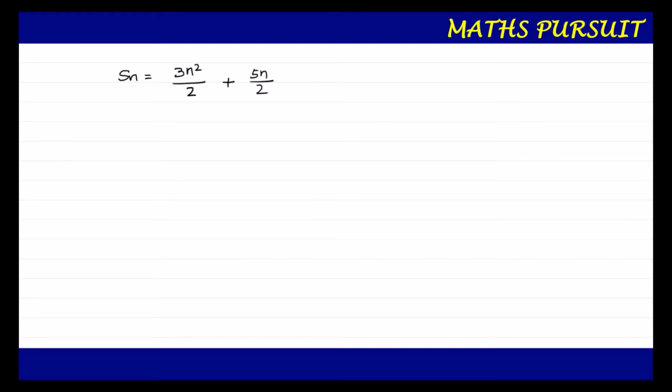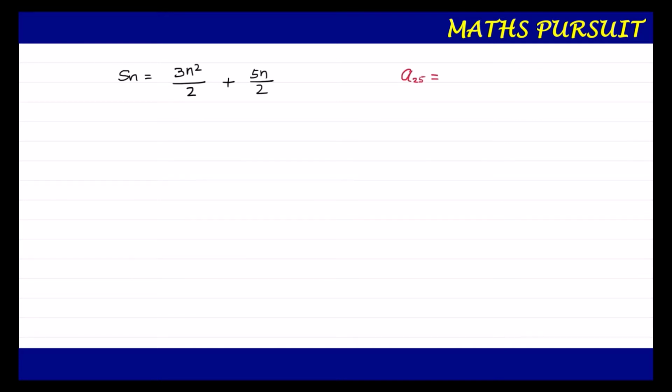Now guys, the question is asking us to find the 25th term. That means we need to find out a25. Let me show you what we are going to do here. Our main objective is to find out a25.